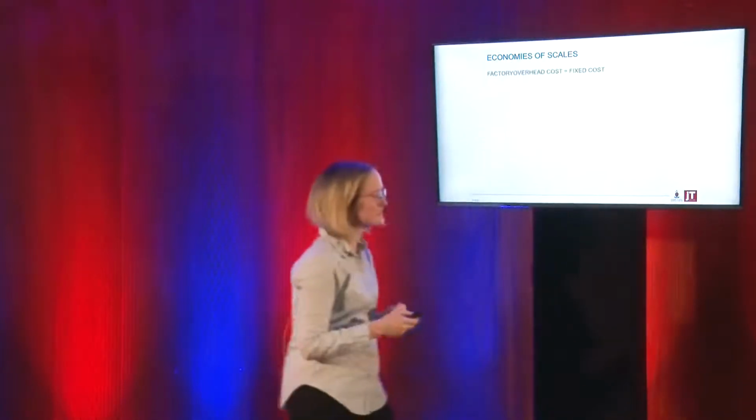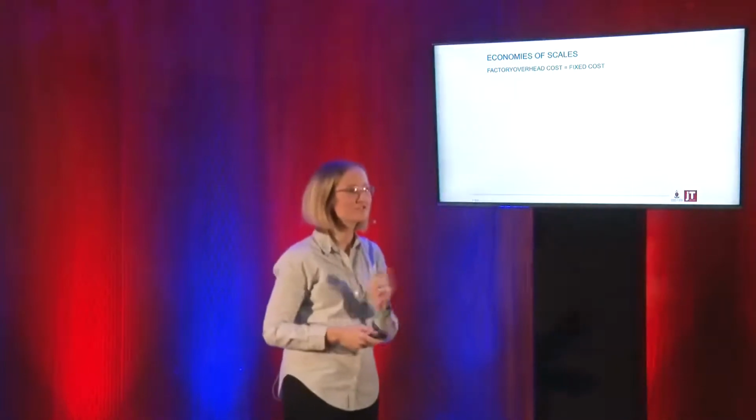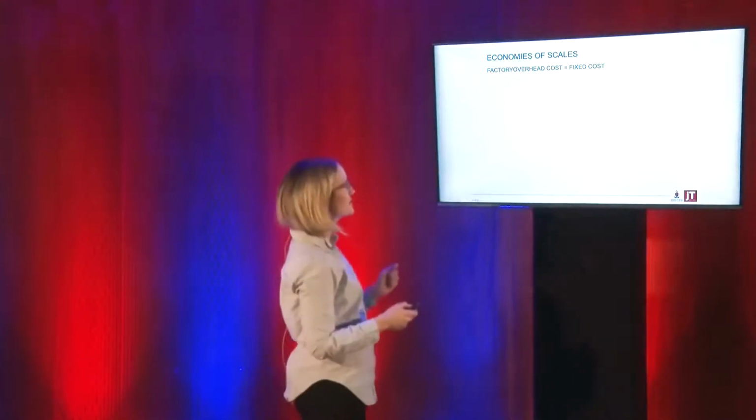Now, a term, economies of scale, which is sometimes foreign to learners. What does economies of scale mean? If I look at factory overhead cost, that equals my fixed cost. So in an exam, it can happen that my total fixed cost increases. And then you look at the fixed cost per unit and, well, that's a decrease.